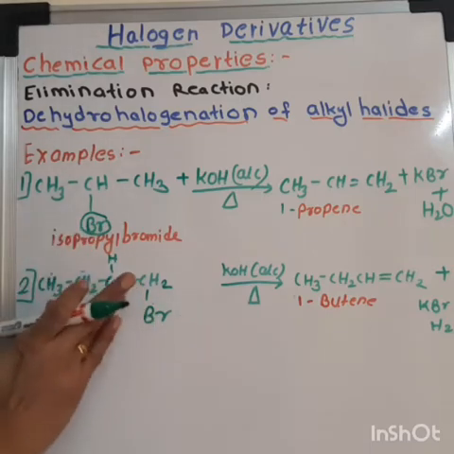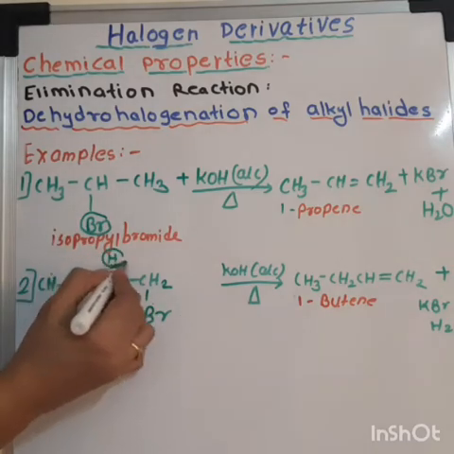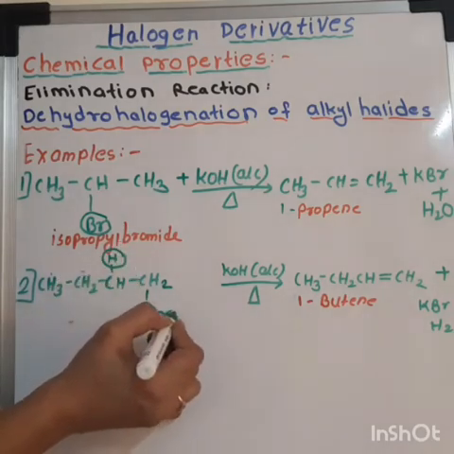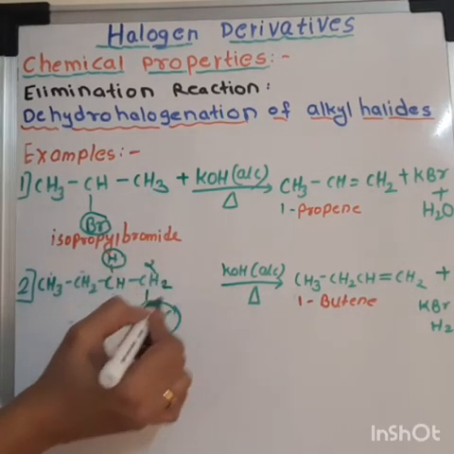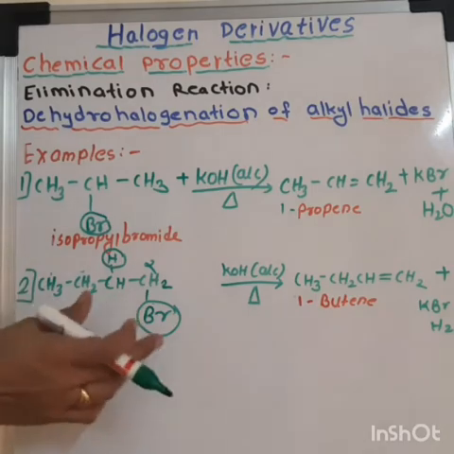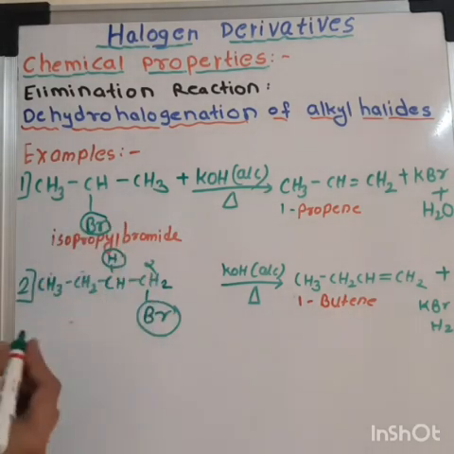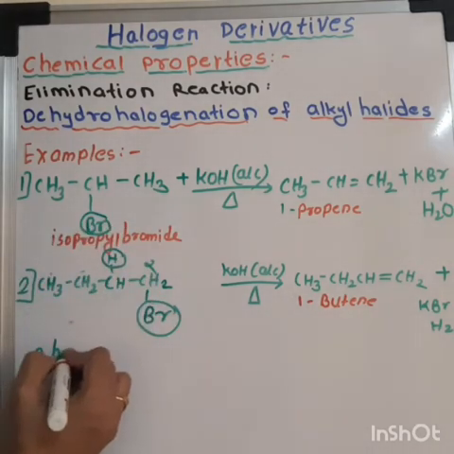One of the hydrogen atoms from the beta carbon and the halogen atom from the alpha carbon atom is eliminated in this reaction. This is N-butyl bromide.